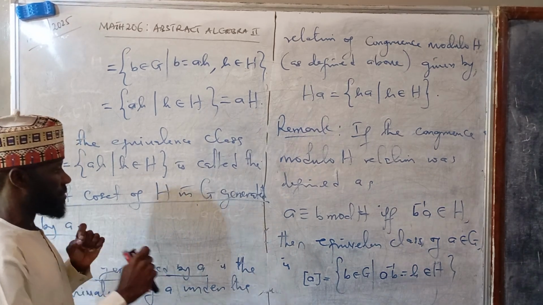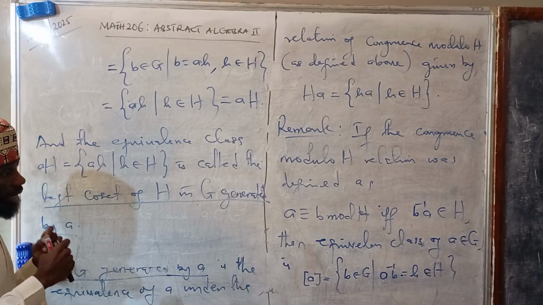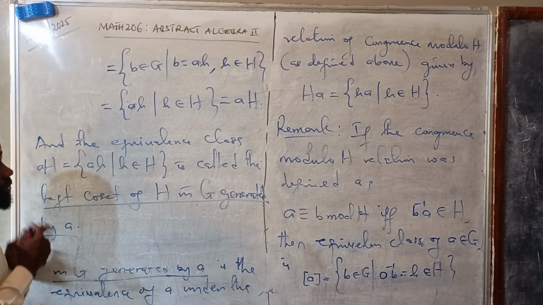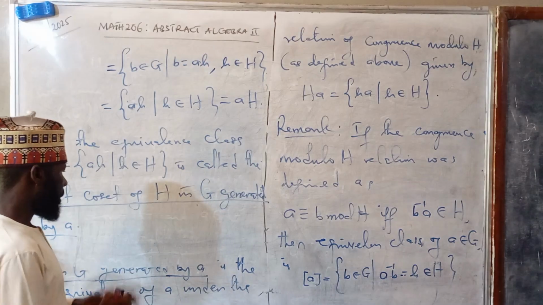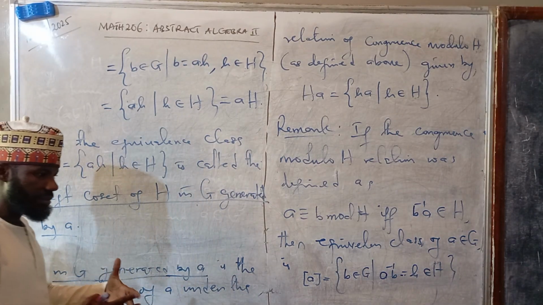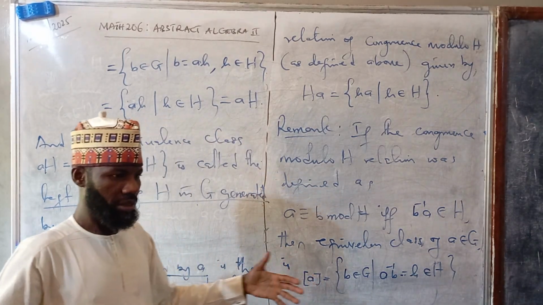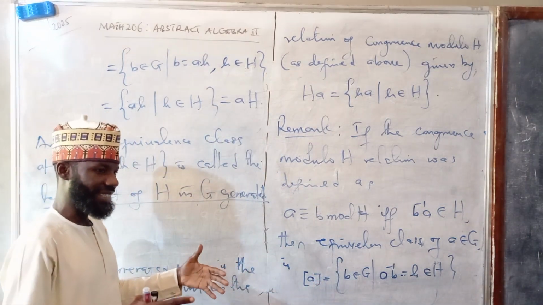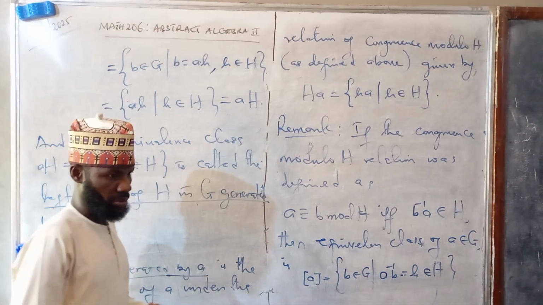They are the most interesting subgroups that we are looking for, because those are the subgroups that will do a very nice partitioning of the group in a way that the collection of the cosets, the collection of the equivalence classes, will still be a group.